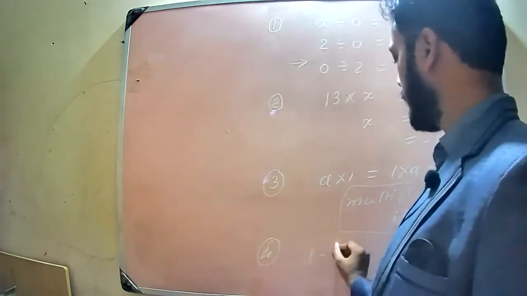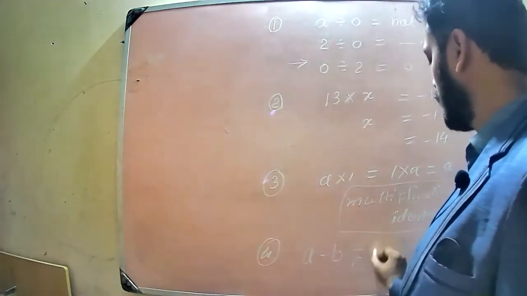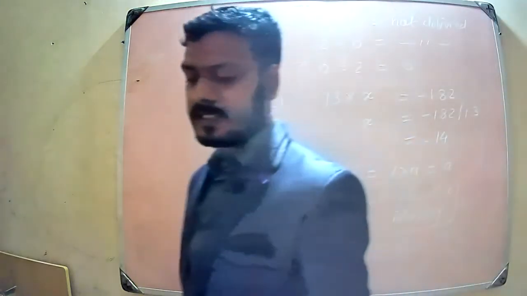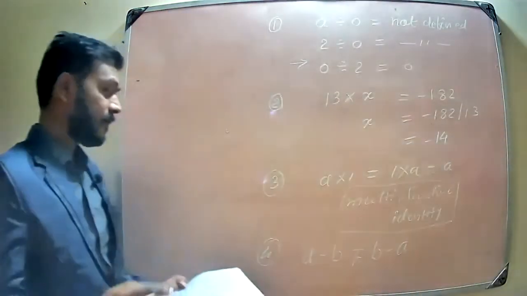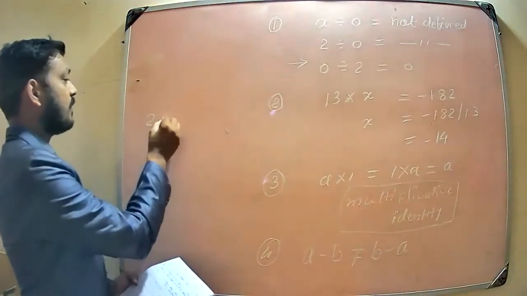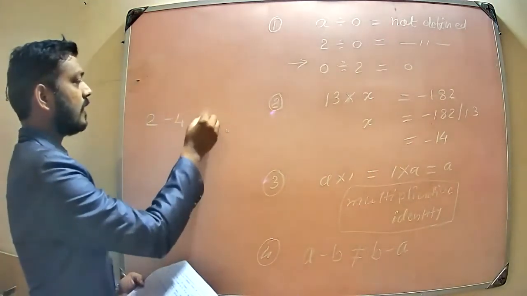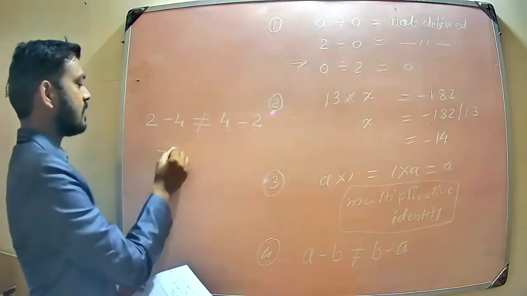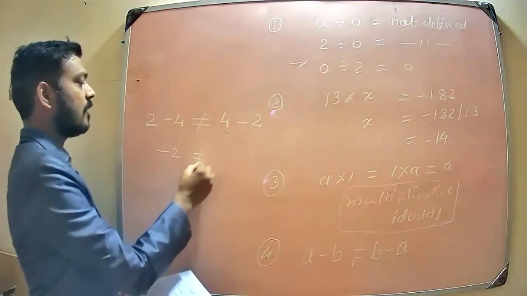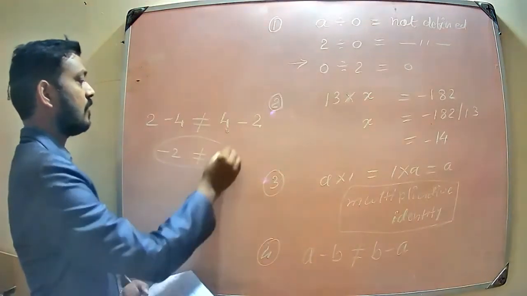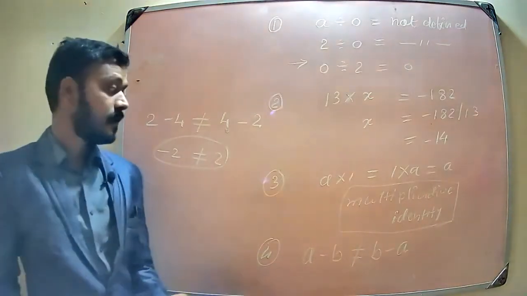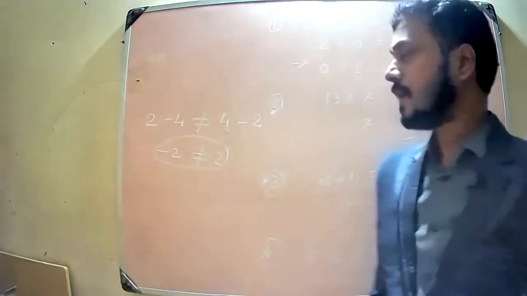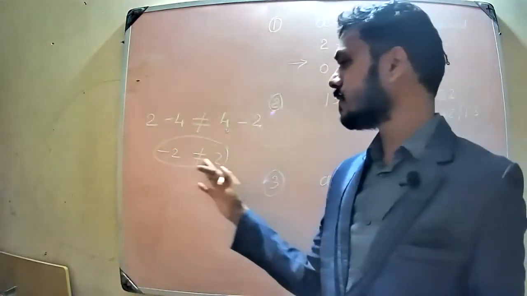Which property is shown by a minus b is not equal to b minus a? We can take one example for this question. If a is equal to 2 and b is equal to 4, the answers are minus 2 and plus 2. We can observe here that the subtractions a minus b and b minus a are not equal with respect to their sign.